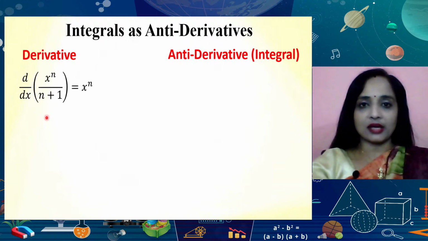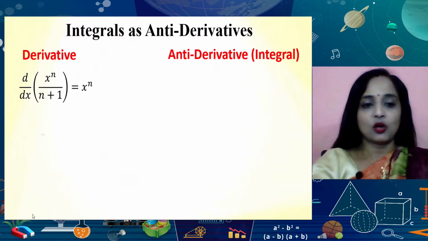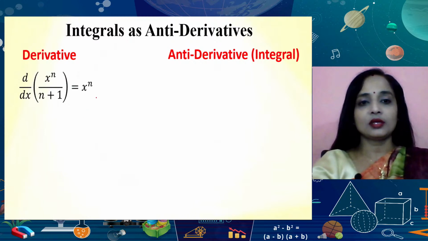You can recognize this algebraic function: the derivative of x raised to power n plus 1 divided by n plus 1 is x raised to power n. Hope you are able to recall how you get this derivative. If you wish to differentiate this, how do you differentiate it?